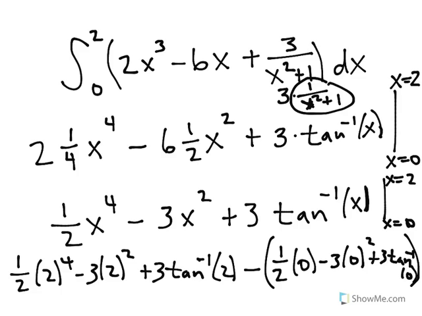Okay, so you could go ahead and figure out what all of this is together, or grab your calculator and evaluate all of this, and that's what we would get as our answer. The fact that we have a 0 in here actually makes things pretty nice, though, because this is 0, 3 times 0 squared is 0, and the inverse tangent of 0 is also 0.